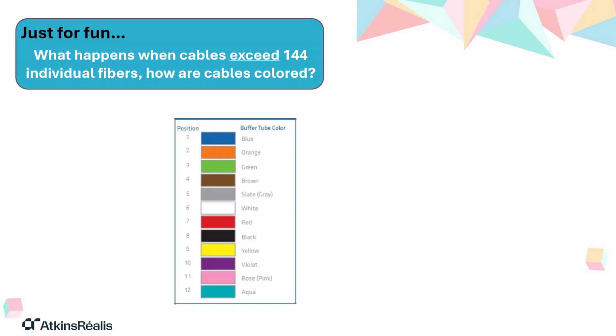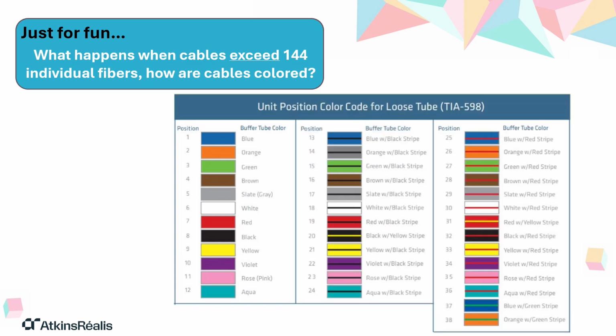So TIA 598D defines a striping method. As you can see here in this table, buffer tubes that exceed 144 will get black stripes, or yellow stripe if you're the black buffer. And then if we have a pattern repeating beyond that, we will go to red stripes, green stripes, and so on and so forth.